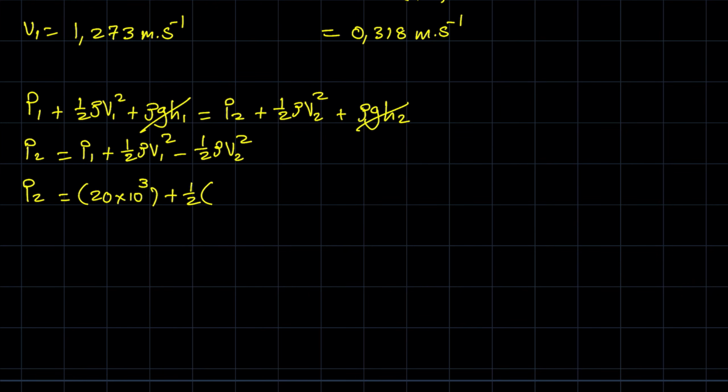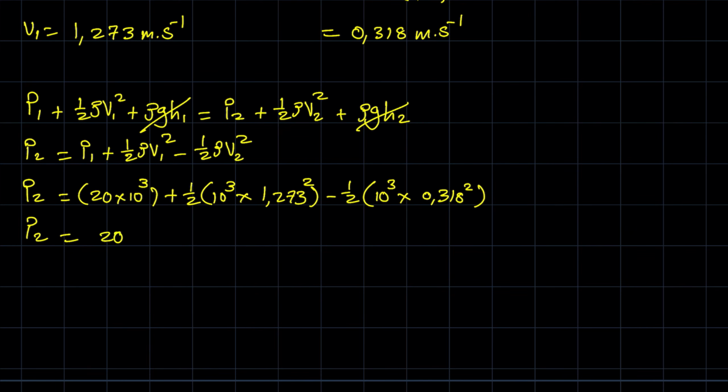So since it hasn't been stipulated otherwise, we are going to use 1000 as the density of water, times V1. V1 is 1,273 squared, minus half rho of water, 1000, times V2. V2 is 0,318 squared. Now if you punch this in your calculators, you are going to get 20,76 kilopascals.